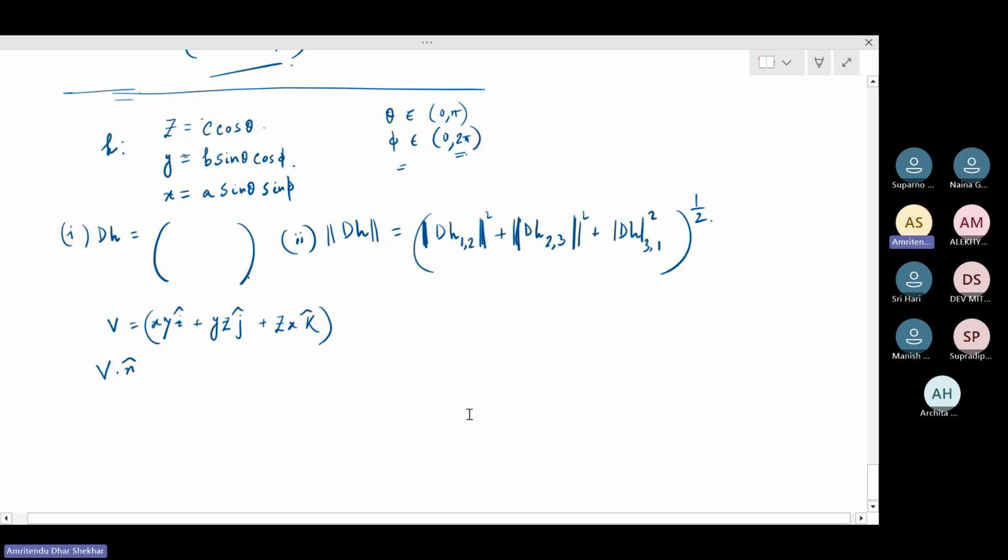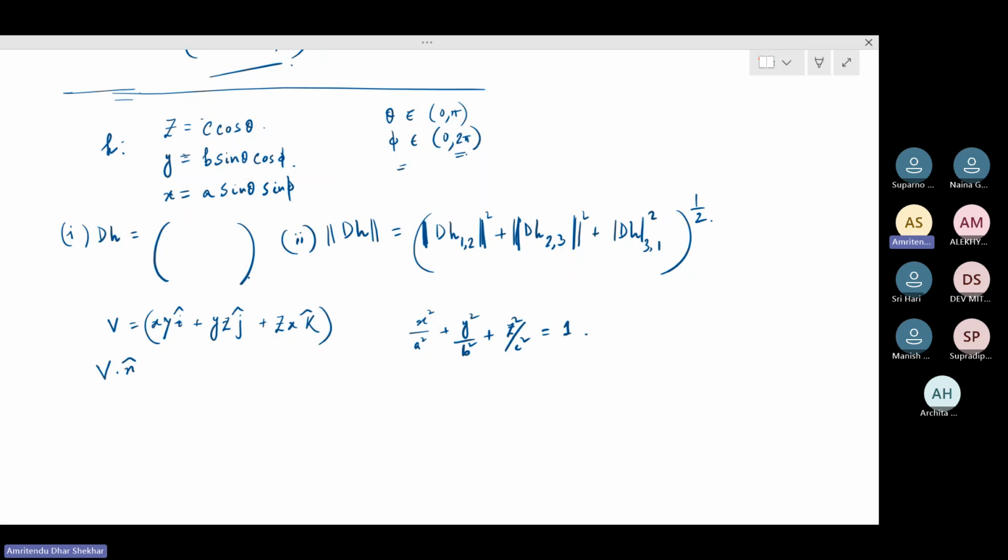Once you take the unit normal, how do you take it? You have the function x squared by a squared plus y squared by b squared plus z squared by c squared equal to 1. We have discussed this before.